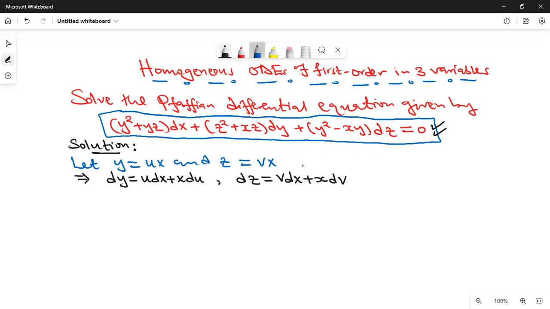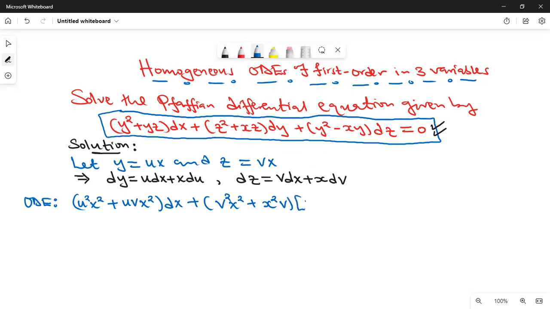Now let's substitute. Our ODE will now be this. If we substitute, y squared is the same as u squared x squared, plus y times z, that is uv x squared, with the coefficient of dx, plus z squared is v squared x squared, plus x times z, that is x squared v. dy is u dx plus x du.